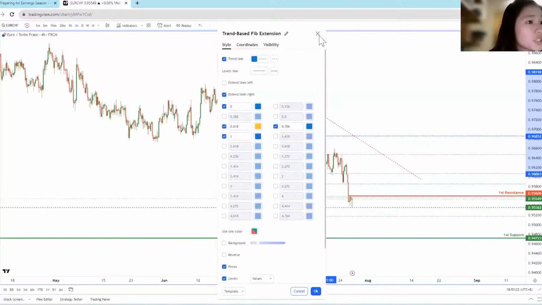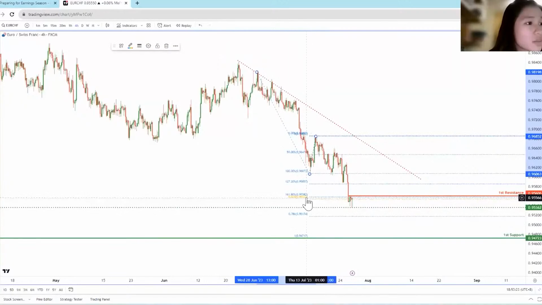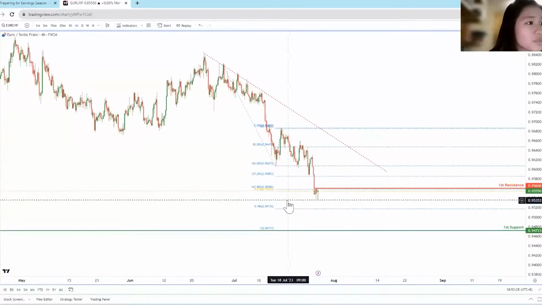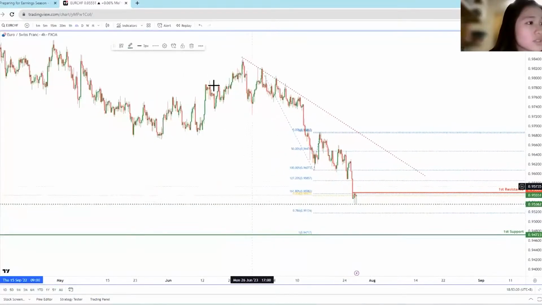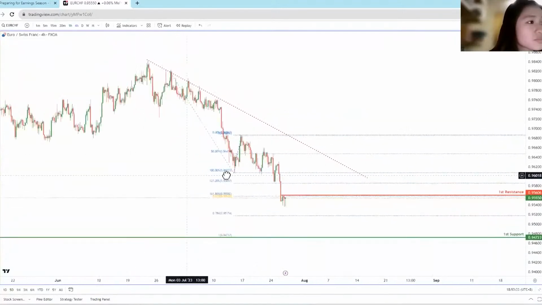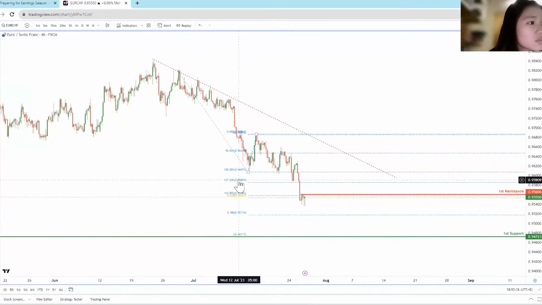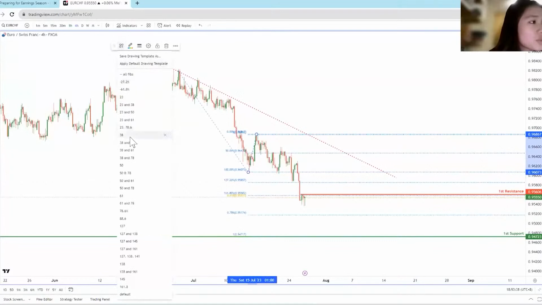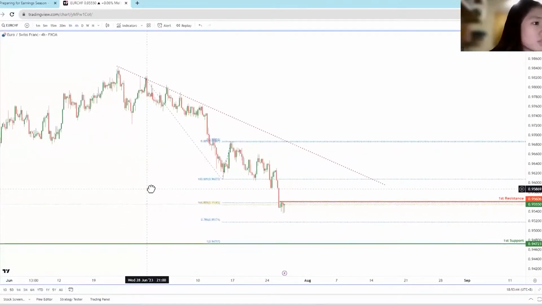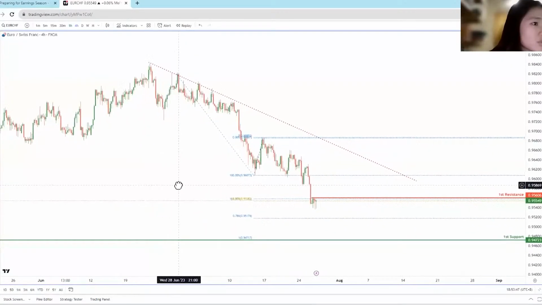Okay, my projection level lines up nicely, as well as my 100%. Yeah, I'll maybe get rid of this intermediate support. So I remove my 127 as well. Okay, let's see if we have any other levels.